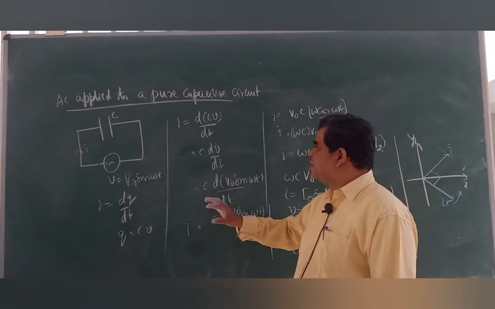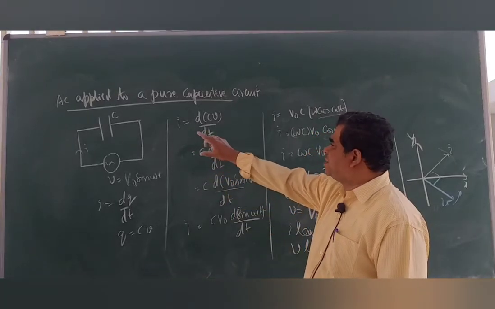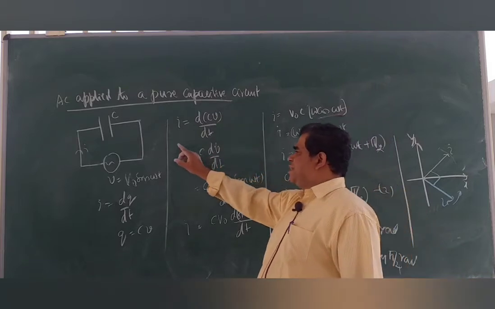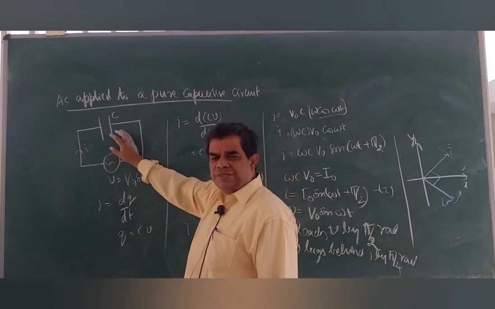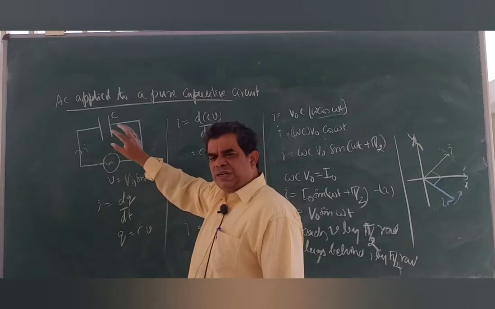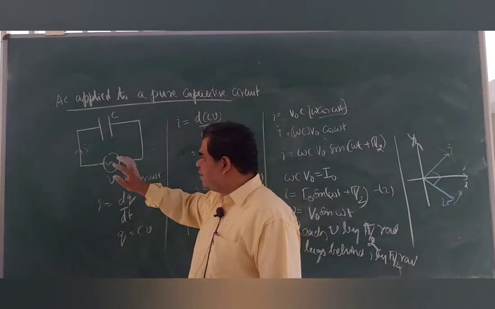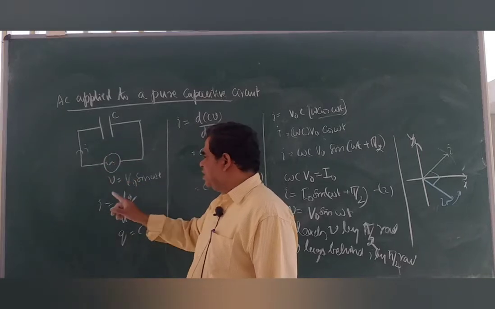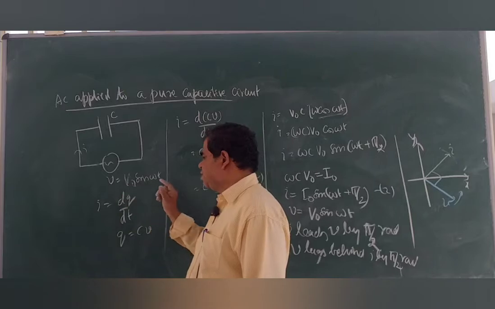Just observe. We applied AC to a pure capacitor or pure capacitive circuit, where it consists of a pure capacitance. That means, as we said for inductance and resistance, it acts like capacitance only, and any other effect, like resistance, is not there. Then it is applied to the AC source, V equals V naught sin omega t.